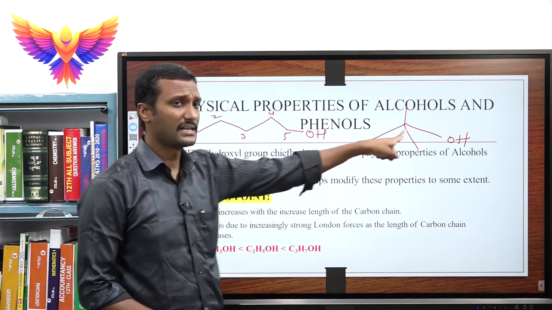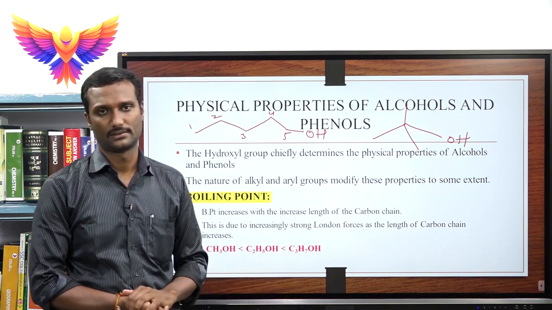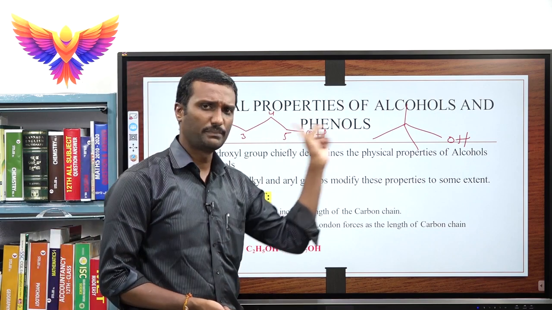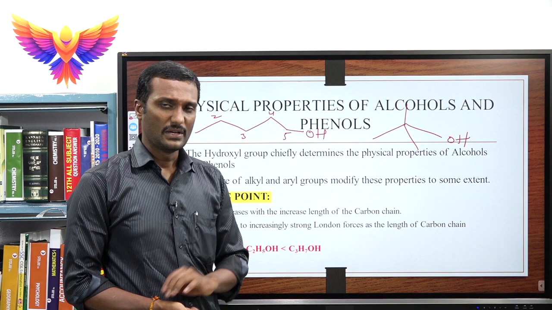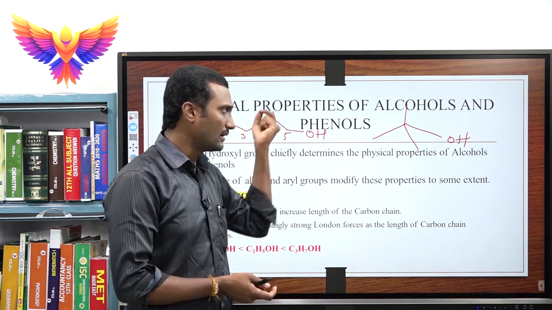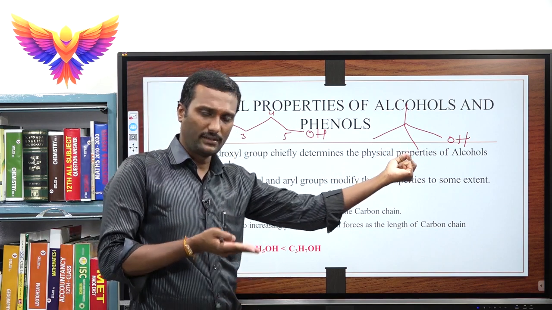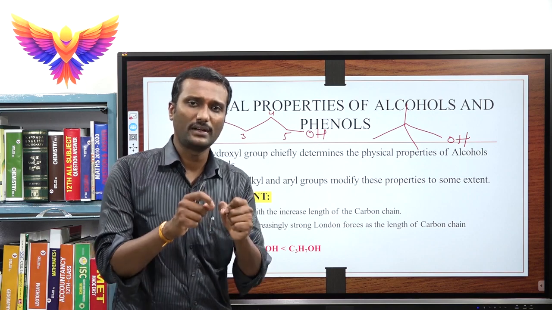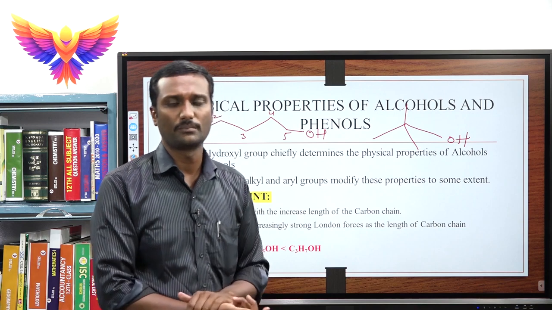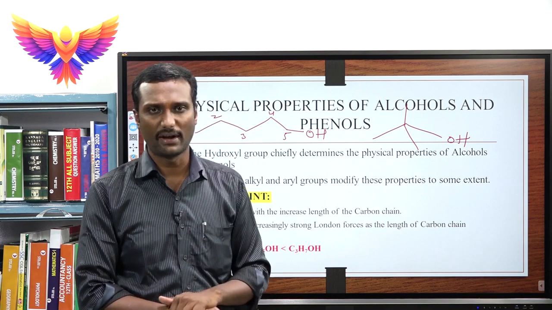Compared to this, it has a lesser boiling point. So I hope you understood how a boiling point increases. At the same time, the boiling point decreases when the number of carbon atoms decreases, because of the decrease in the van der Waals force.